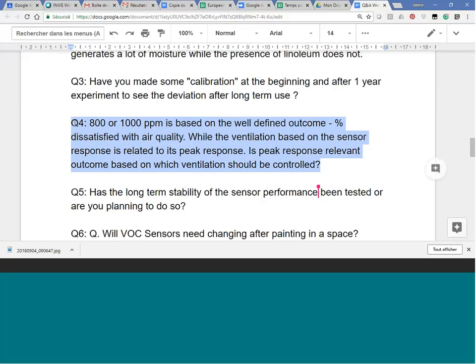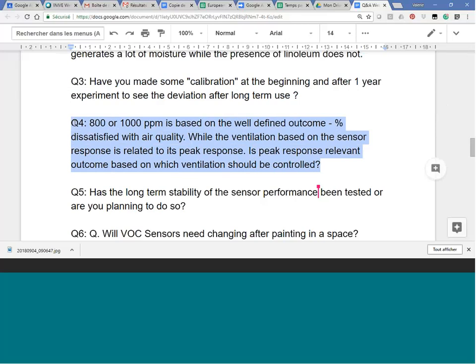So the last question was 800 or 1000 ppm is based on the well-defined outcome, percentage dissatisfied with air quality, while the ventilation based on the sensor response is related to its peak response. Is peak response relevant outcome based on which ventilation should be controlled? Yes.